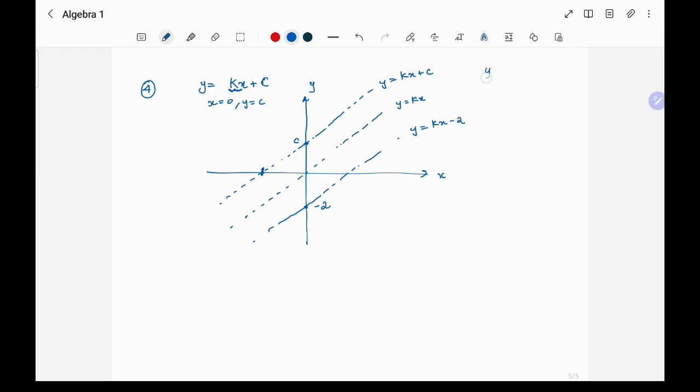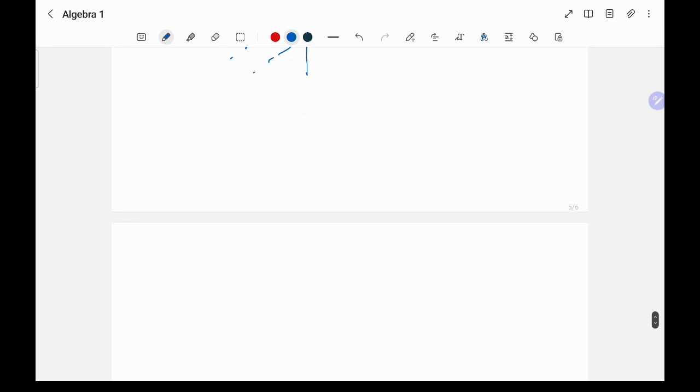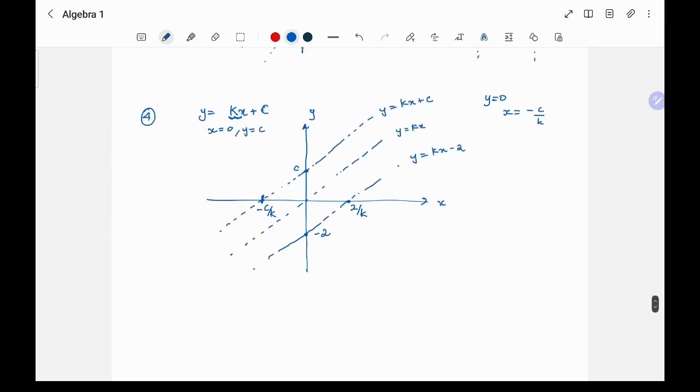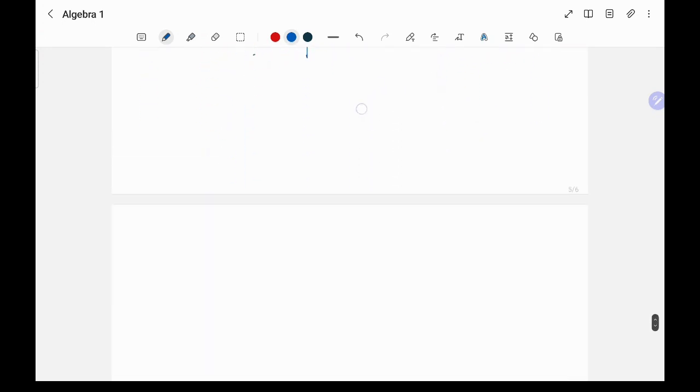You substitute y equal to 0, because on the x-axis y equal to 0, then you will have x equal to minus c by k. So this point is minus c by k. So this is nothing but you get a shift.